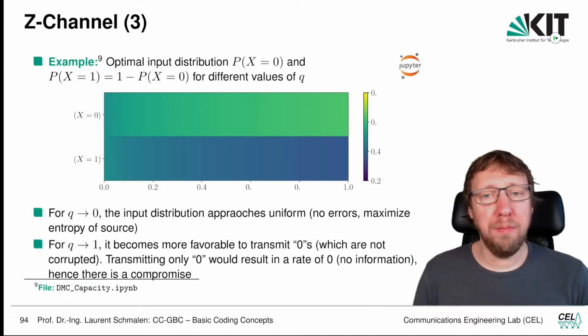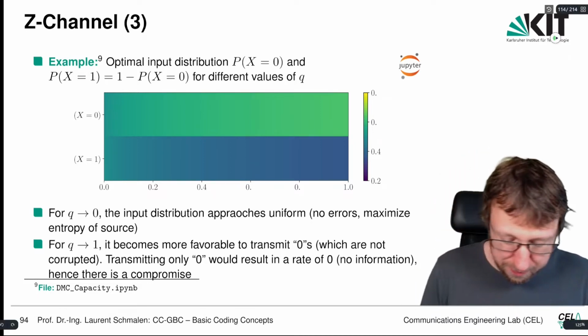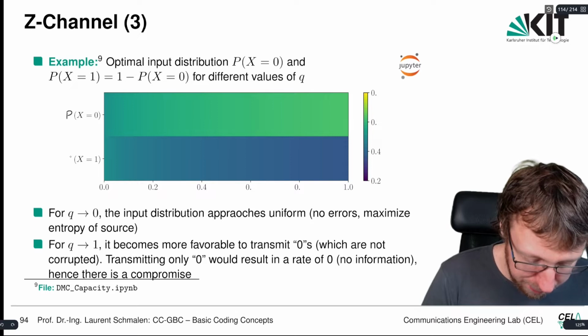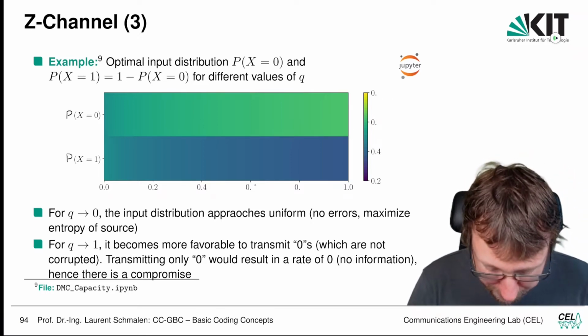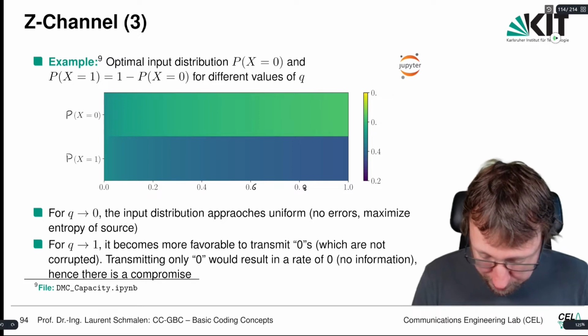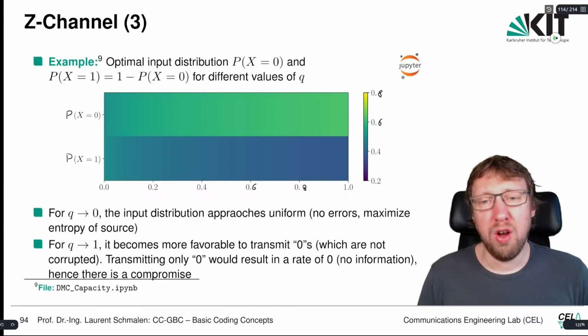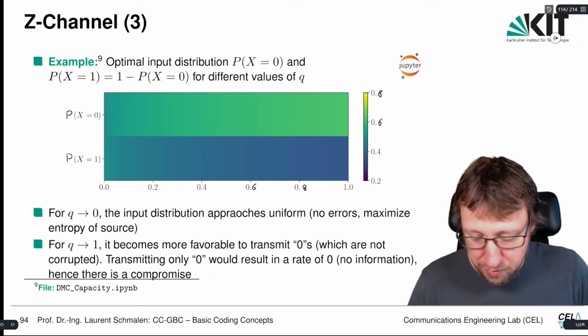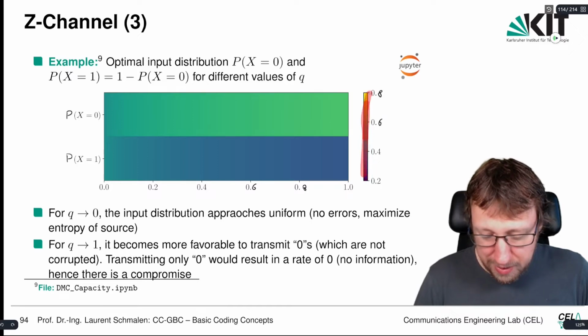And here is the optimum input distribution. And I'm very sorry, but my PDF display program has some issues in displaying the numbers correctly here. 0.6, 0.8, 1.0. And the color values here describe the probability.